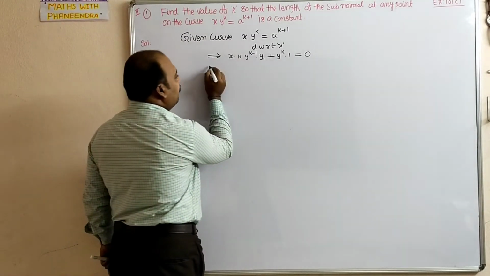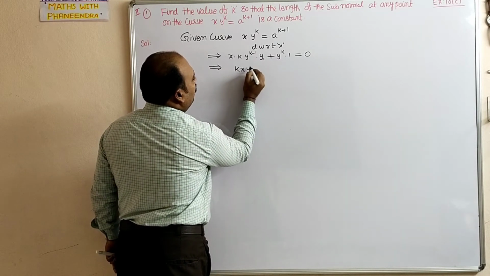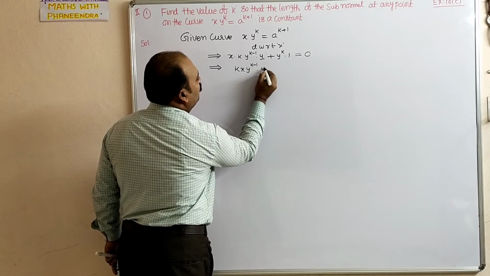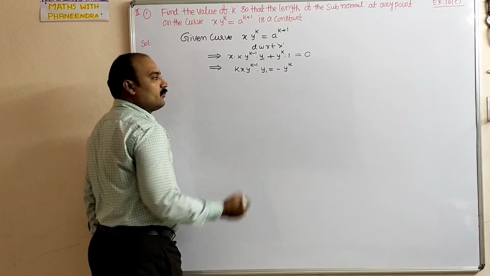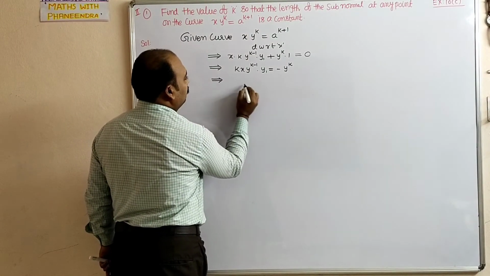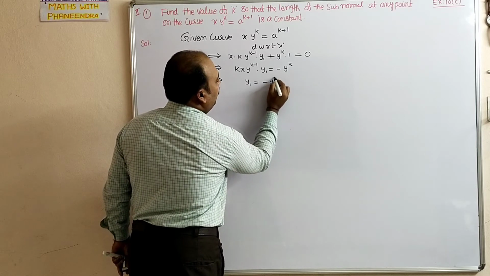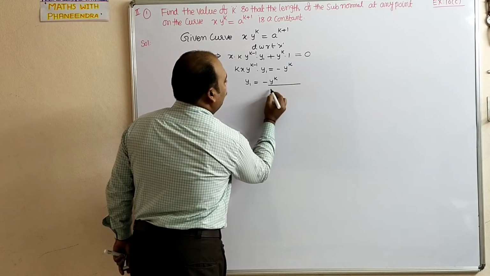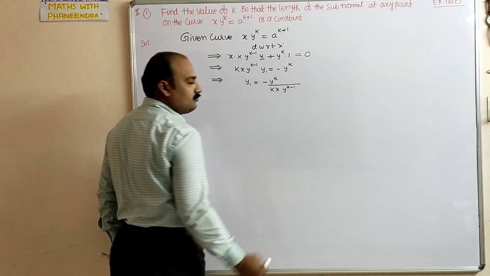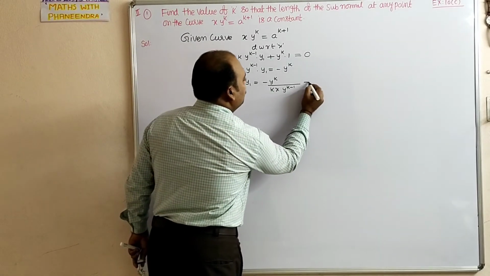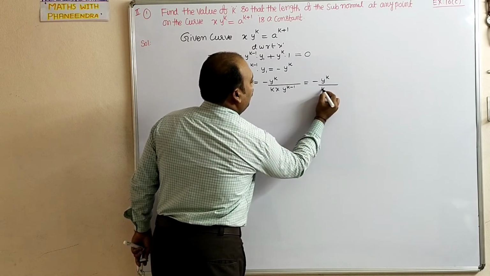After that, make y1 the subject. So kx into y power k minus 1 into y1 is equal to minus y power k. That implies y1 equals minus y power k divided by kx into y power k minus 1, which is equal to minus y power k divided by kx.